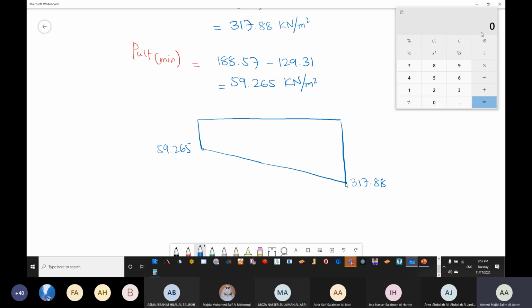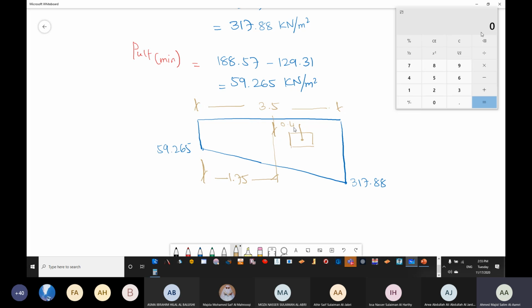Now my column is available here. The total length of the foundation is 3.5. Half of the foundation is 1.75. And you told me from the center of the column till the center of the foundation is 0.4.